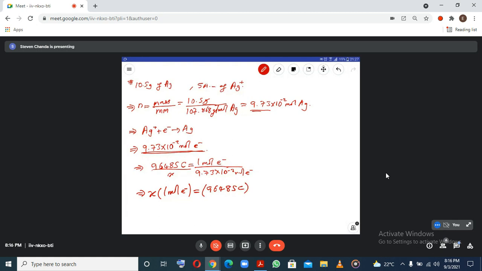Then 9.73 times 10 to the power negative 2 moles of electrons over 1 mole of electrons. Do I have that?